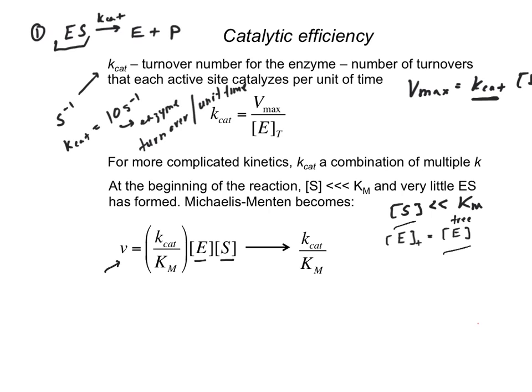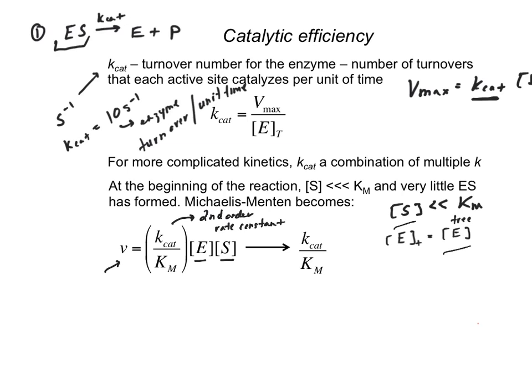So in this case, all we are waiting for is enzyme to find substrate, and what we have is this ratio of kcat over Km. This is what we define as the second order rate constant for this bimolecular reaction.